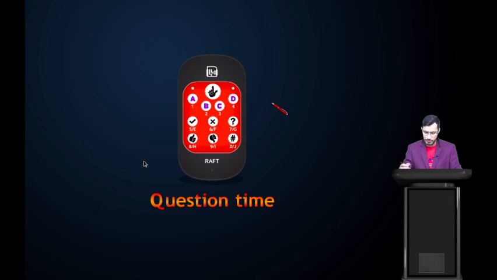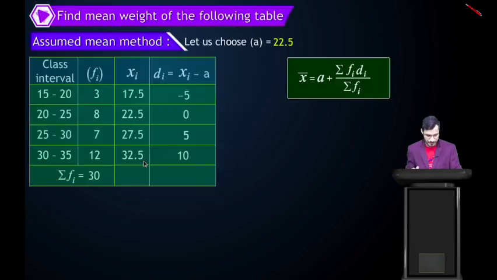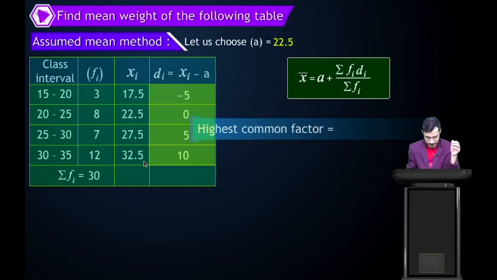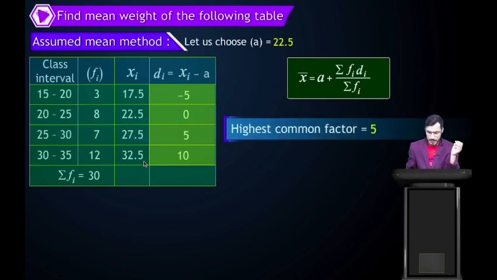Now let's move to another part. So here the assumed mean method. Let us choose a is equal to 22.5. So here d is equal to x minus a. And you can see the column of deviations: minus 5, 0, 5, 10.